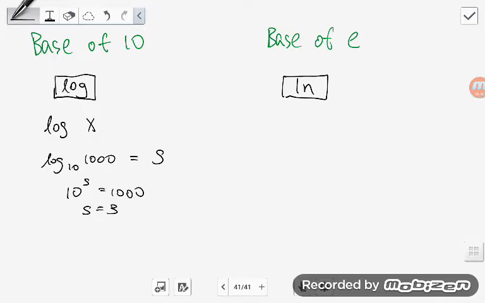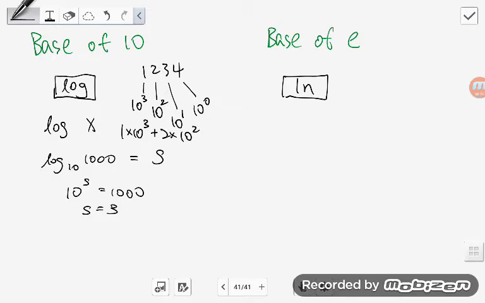Because if you think about it, let's say I have 1,234. The 1 is 10 to the power of 3, the 2 is 10 to the power of 2, the 3 is 10 to the power of 1, and the 4 is 10 to the power of 0, right? So 1,234 means 1 times 10 to the power of 3 plus 2 times 10 to the power of 2 plus 3 times 10 to the power of 1 plus 4 times 10 to the power of 0.